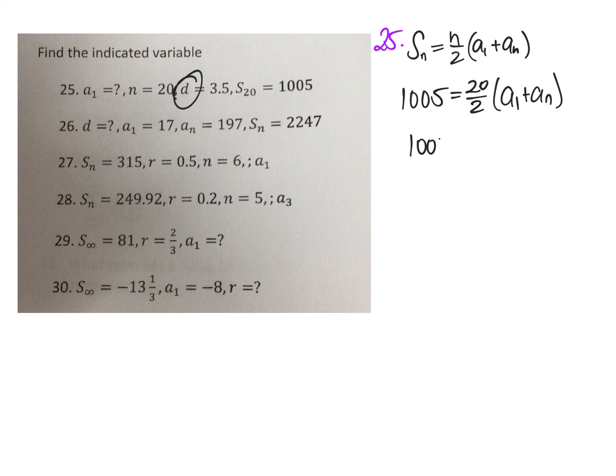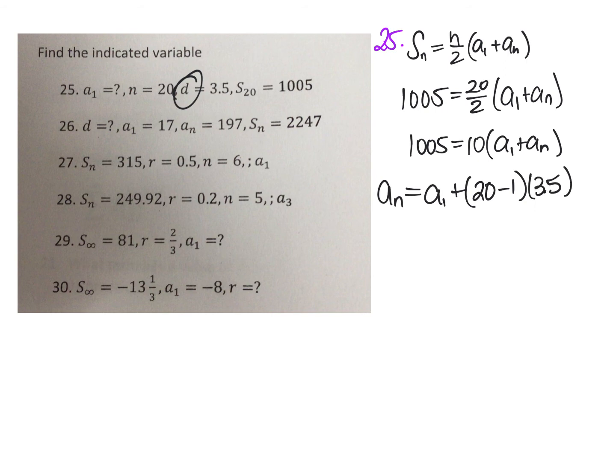So 1005 equals 10 times a1 plus an. So let's see what we can get out of our other equation. An equals a1 plus n minus 1, so 20 minus 1, times d, which is 3.5. So an equals a1 plus 19 times 3.5. An equals a1 plus 66.5.